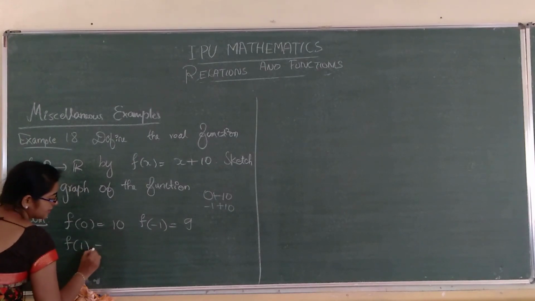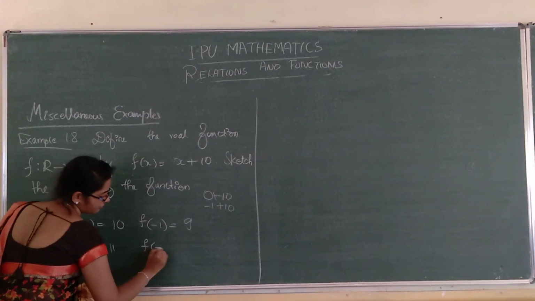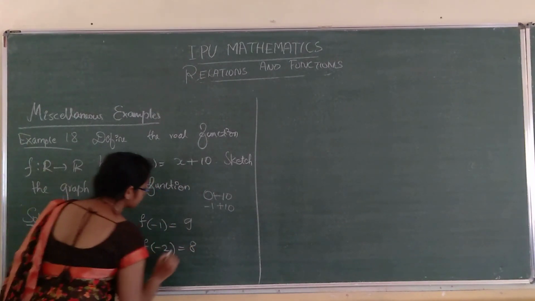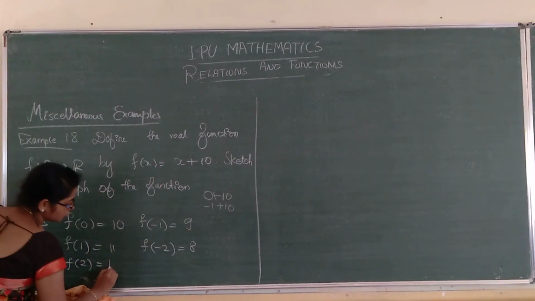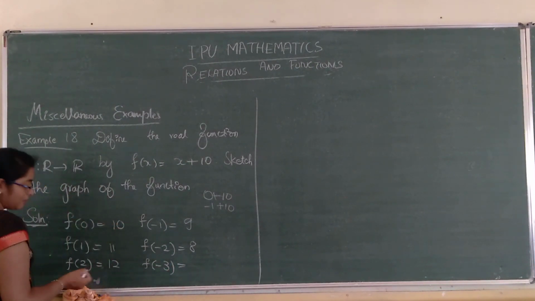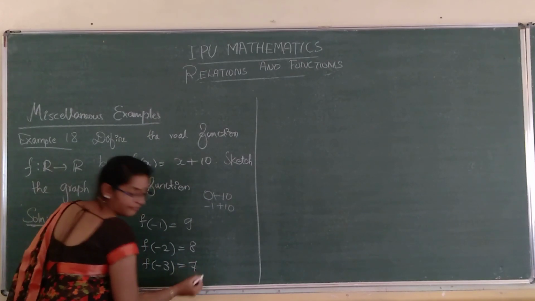F of 1 is 1 plus 10, that is 11. F of minus 2 is minus 2 plus 10, that is 8. F of 2 is 2 plus 10, that is 12. F of minus 3 is minus 3 plus 10, that is 7.